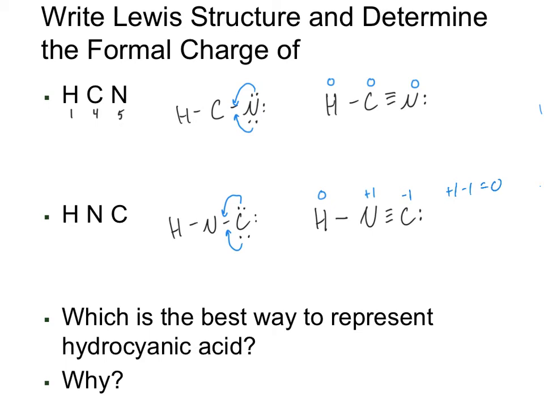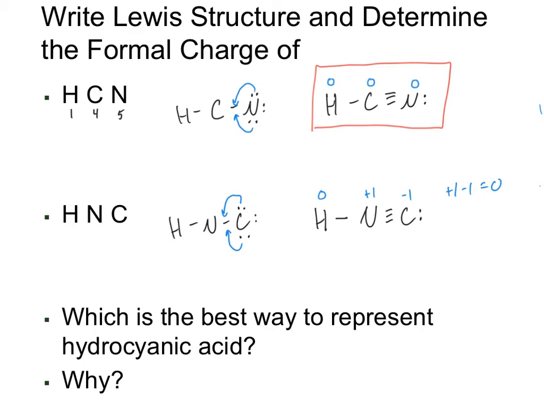And so the question becomes, what is the best way to represent hydrocyanic acid? And the best way would be what we have on top, with carbon as our central atom, because that gives us formal charges of 0 on each atom, which is a more stable configuration.